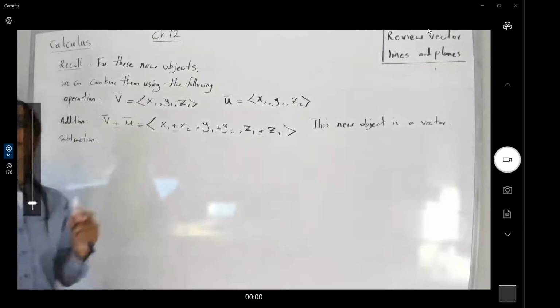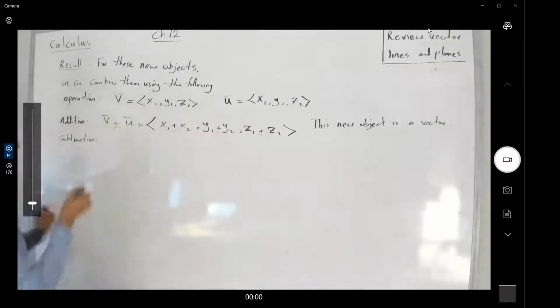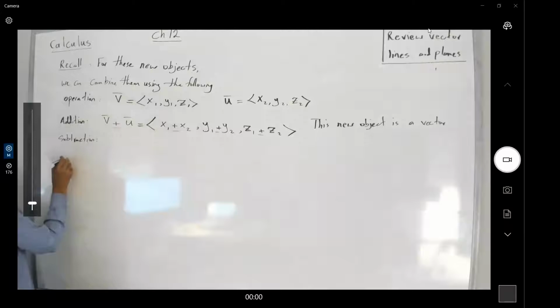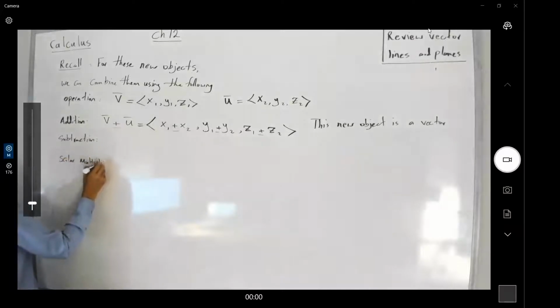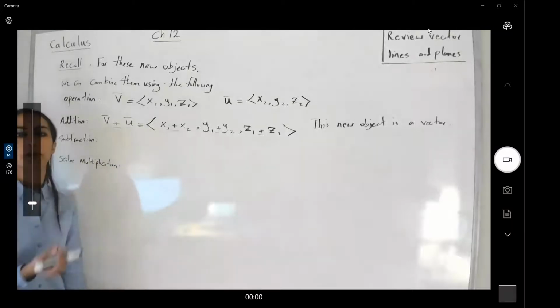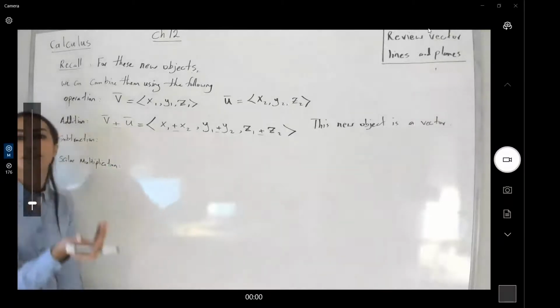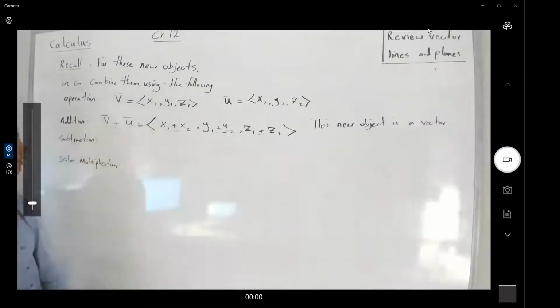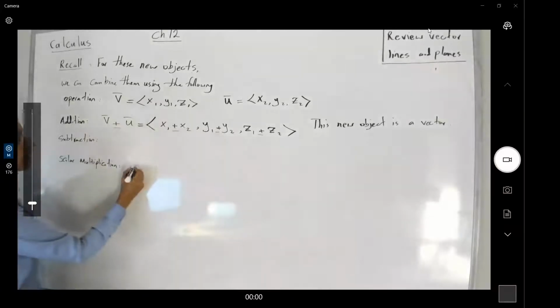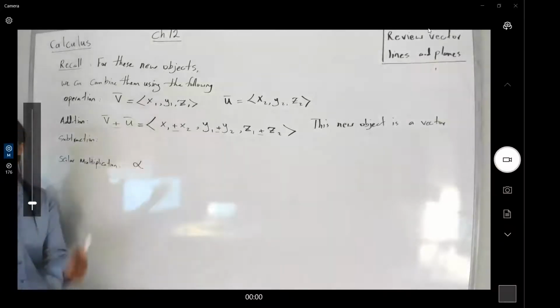We have scalar multiplication. Scalar multiplication is when you multiply a number, a scalar, by a vector. So let's take that scalar to be, I don't know, alpha, any number.